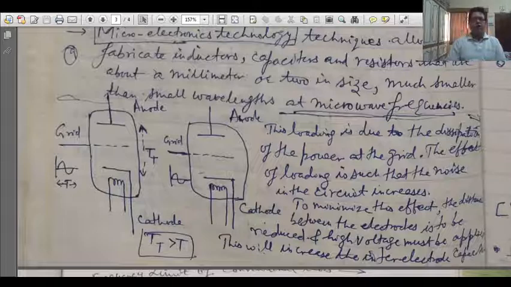Instead you must go for electric and magnetic field components, which means electromagnetic engineering must be used for such analysis. In the next lecture we will try to understand the frequency limitations of conventional tubes. Okay, thanks to all of you.